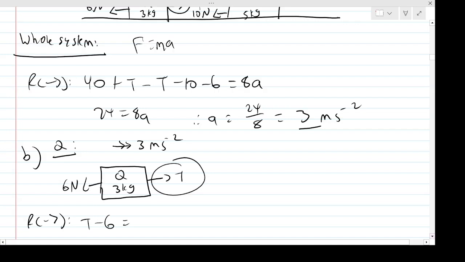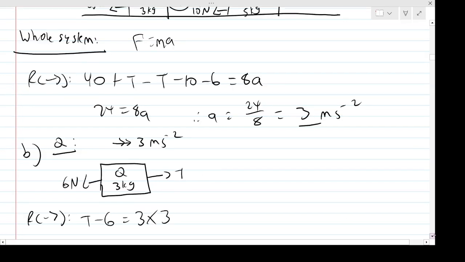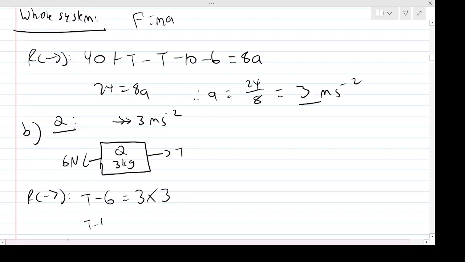That's going to equal mass times acceleration. So 3 times 3. So T minus 6 is 9. Therefore T is going to be 15 newtons. So that's my tension.